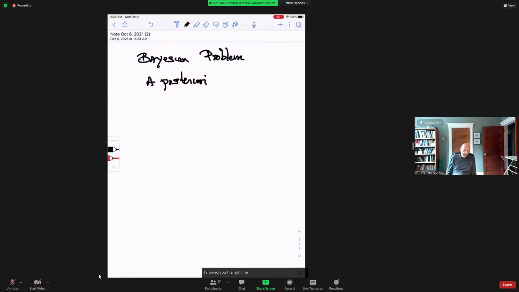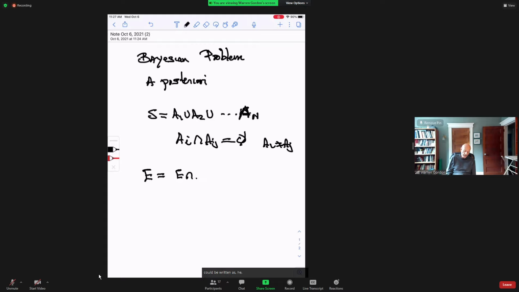Okay. I showed you the last time that if we partition a set, meaning I break S up into n disjoint sets, that is, the intersection of these is the empty set if they're different, then any event E can be written as E intersection A1, and so on.